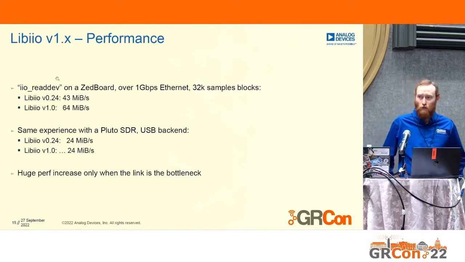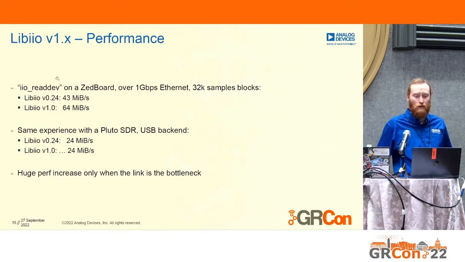A bit about performance. I did some tests with a Zedboard with gigabit Ethernet and AD9361 and 32K samples blocks. With the old library, I was getting over the network 43 megabytes per second. With the new library, 64 megabytes per second. That's a good 50% increase, thanks to the asynchronous protocol.